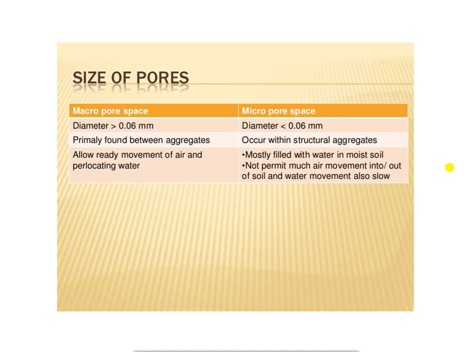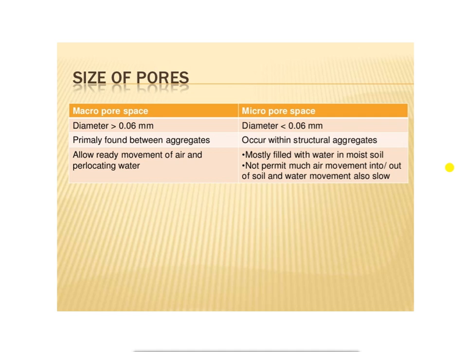Then size of pores. Pore space is divided into two, macro pore space and micro pore space. Macropores have a size greater than 0.06 millimeter, and micropores have a size less than 0.06 millimeter. Macropores are found in between aggregates, and micropores occur within structural aggregates.